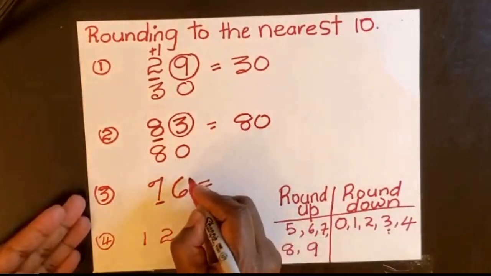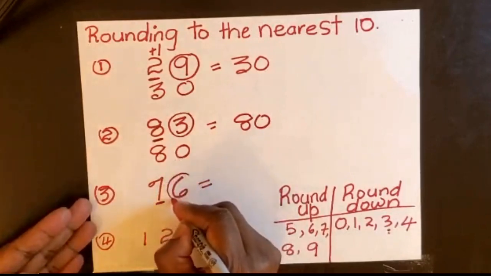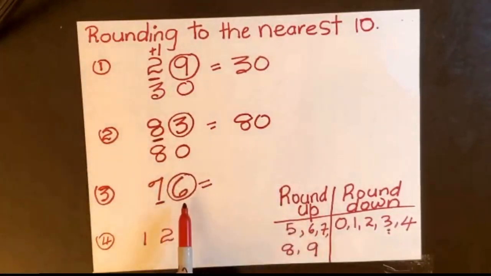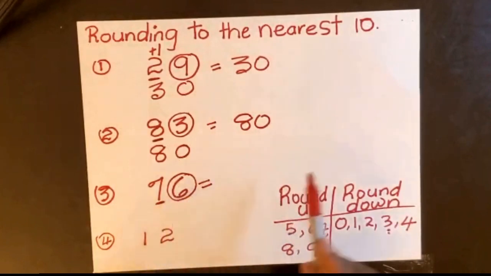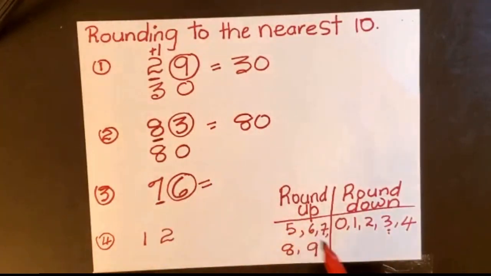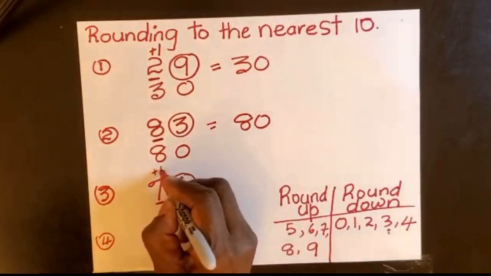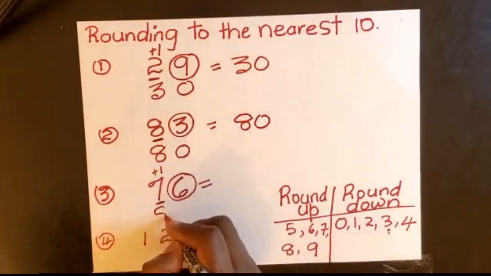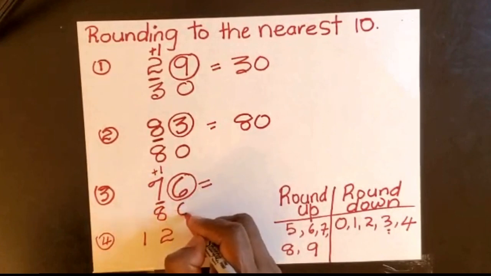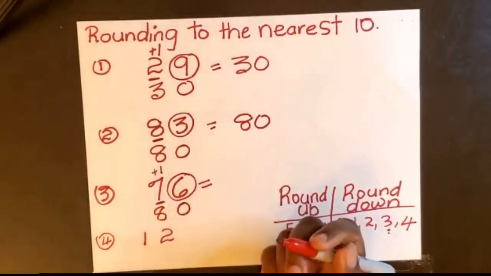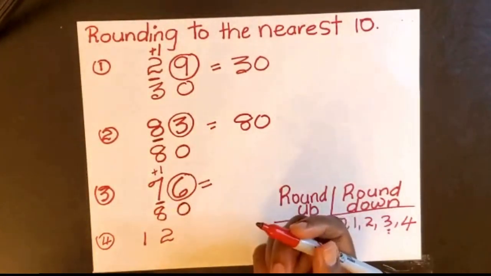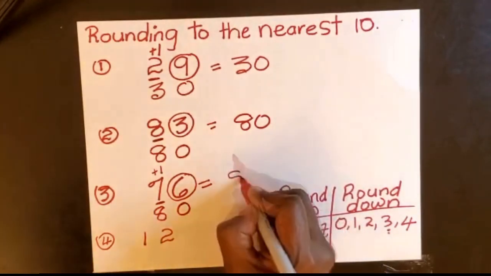So I'm going to circle the 6. Now 6 allows you to round up, and so I'm going to add 1 to the 7 to make it 8, and the 6 becomes a 0. So 76 to the nearest 10 is 80.